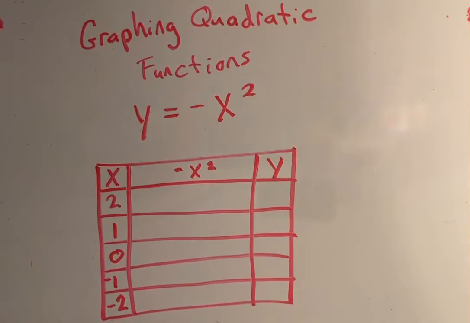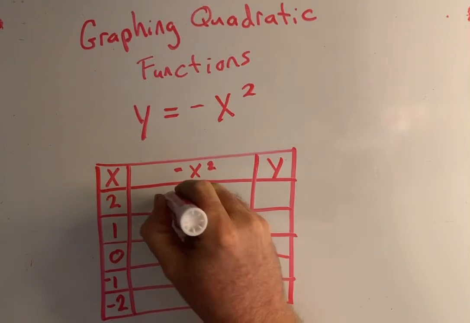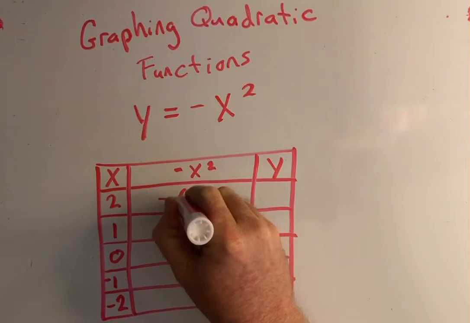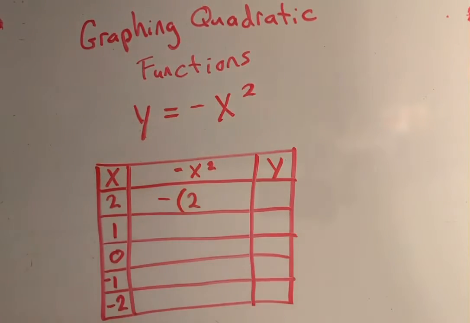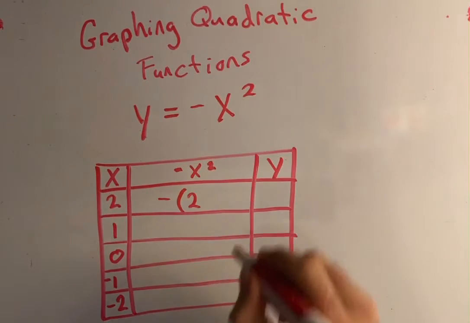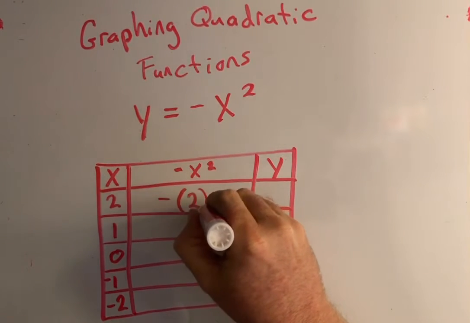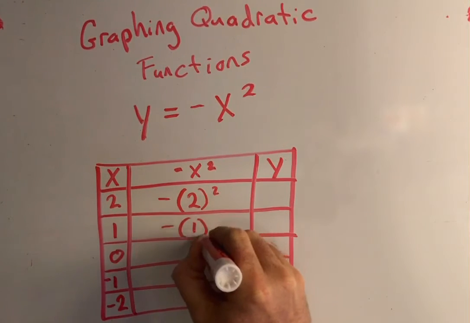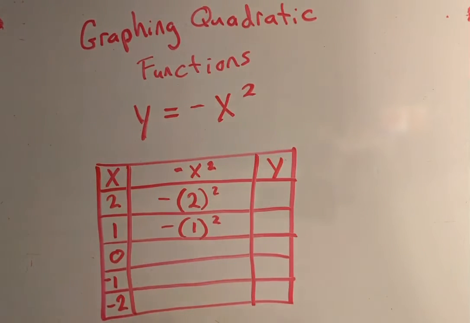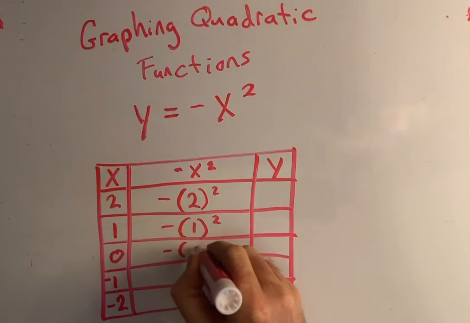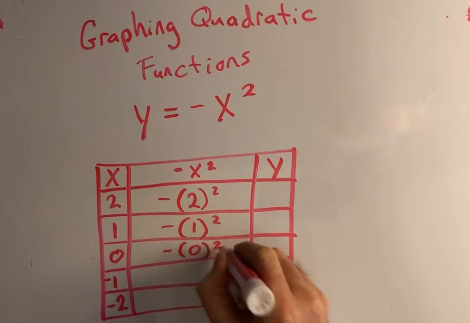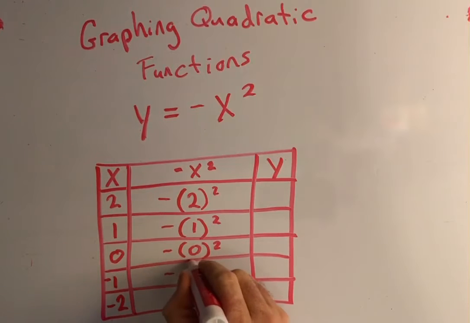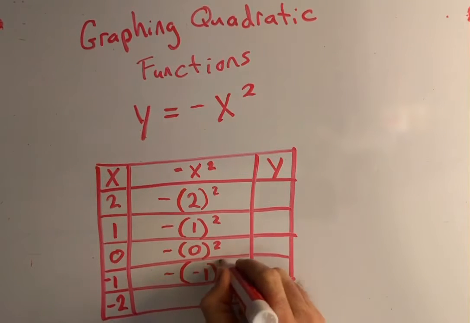So I'm going to plug these in, and I'm going to say negative 2 squared, negative 1 squared, negative 0 squared, negative 1 squared.